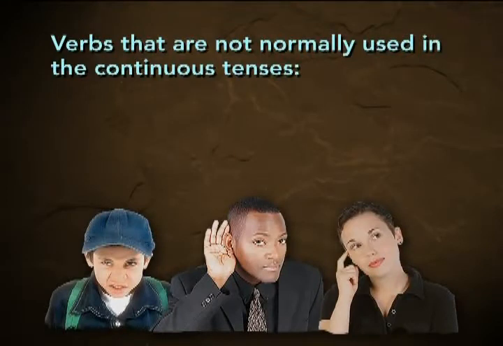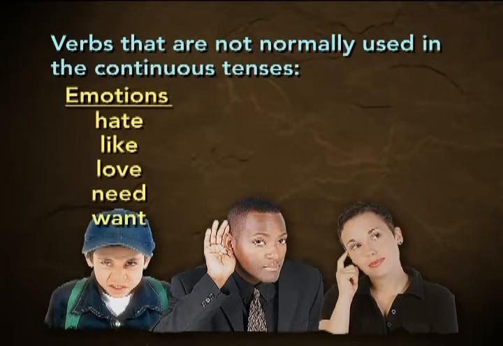Look at this graphic, because here are some verbs that are not used in continuous tenses, present or past. You need to know them, and they're fairly simple and easy to categorize. The following verbs are not normally used in the continuous tenses.